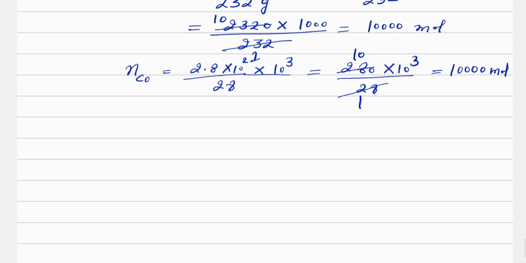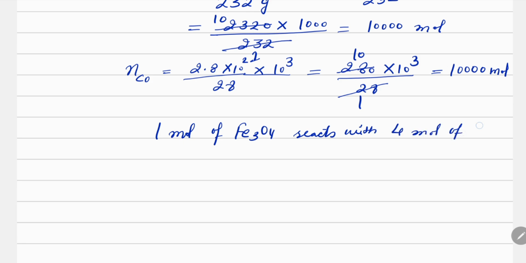Now, according to the balanced chemical equation, 1 mole of Fe3O4 reacts with 4 moles of carbon monoxide.